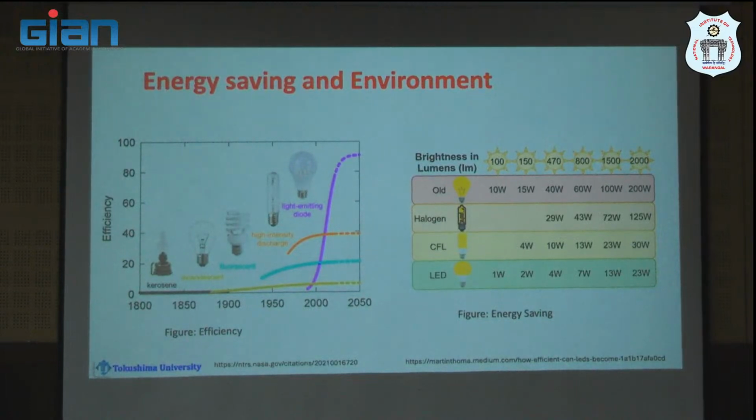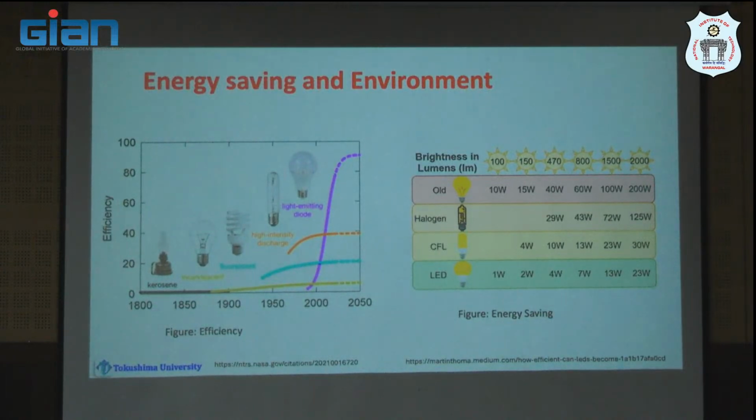That is saving power. In the morning session, I told you that we are looking for the green sources. But if we could not find the green sources, what we can do, we can reduce the use of power. So here LED can reduce the use of power.